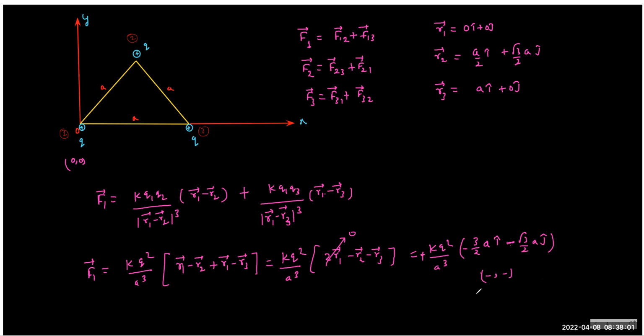If I want to know the angle, you can just find tan theta, which is the y coefficient upon x coefficient, root 3a by 2 upon 3a by 2, which will become 1 by root 3, right? Yes, sir. This implies that theta is 30 degrees. So the direction of force we can actually find in this case because of the nice values.